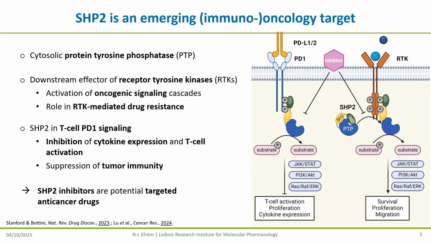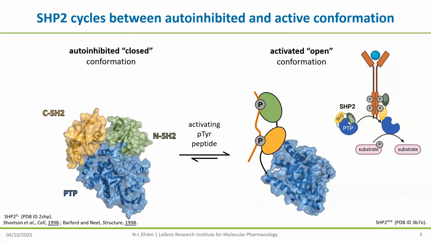Let's move on and take a look at the molecular mechanism at which allosteric and orthosteric SHP2 inhibitors, which are potential anti-cancer drugs, work. So for this, you need to understand that SHP2 cycles between an auto-inhibited closed conformation and an activated open conformation.